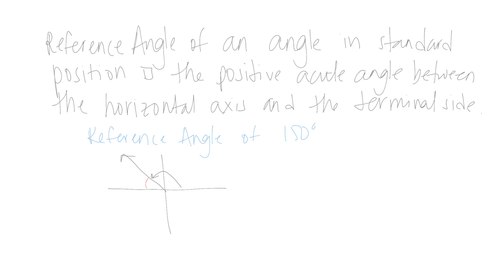So from here down, that's the reference. This was 150 degrees, and from the positive x-axis to all the way over here is 180. So that means that little reference angle there is 30 degrees. So the reference angle of 150 is 30 degrees. And we'll do one more of these.